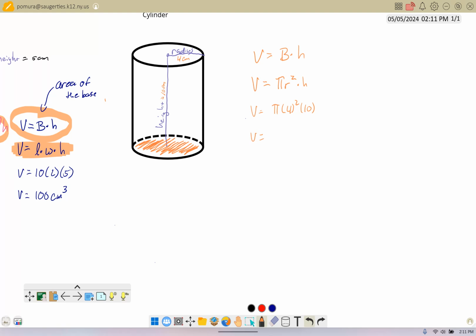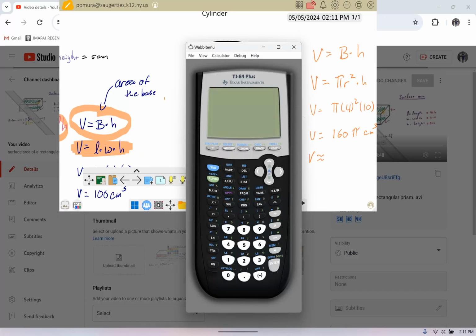The volume is equal to, well, 4 squared is 16, so it's going to be 160 pi, because 16 times 10 is 160, and it's centimeters cubed. But we would like an approximation. So we're going to say, what is 160 pi centimeters cubed?